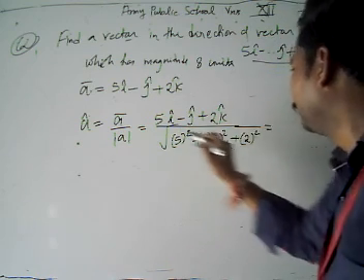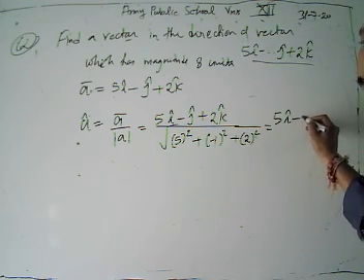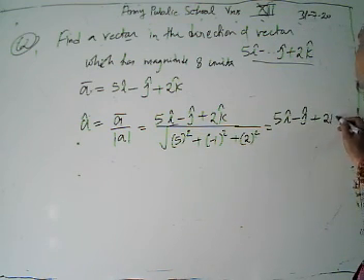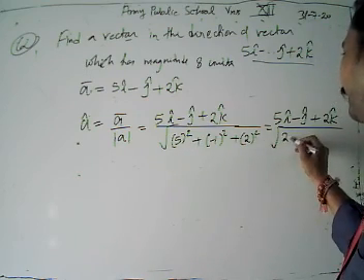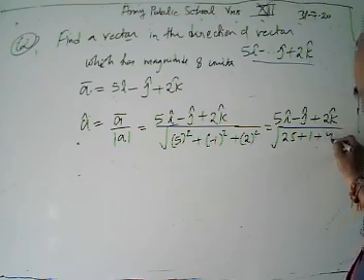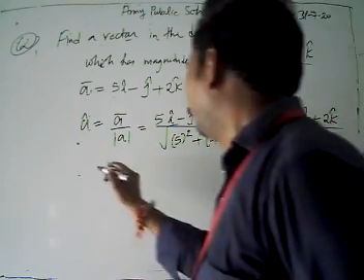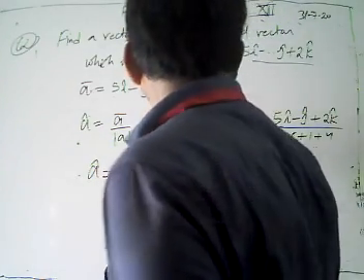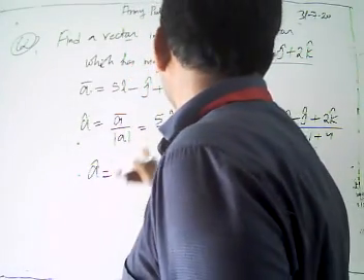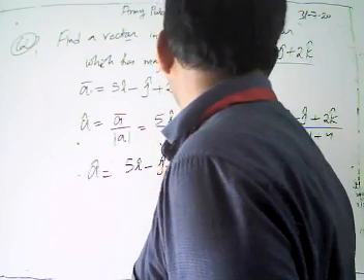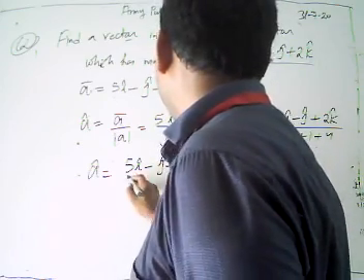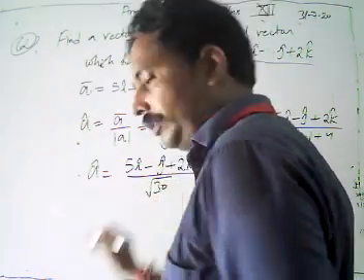Finally we get 5 i cap minus j cap plus 2 k cap over root of 25 plus 1 plus 4, which means root 30. Now our unit vector in the direction of vector A is 5 i cap minus j cap plus 2 k cap over root 30.